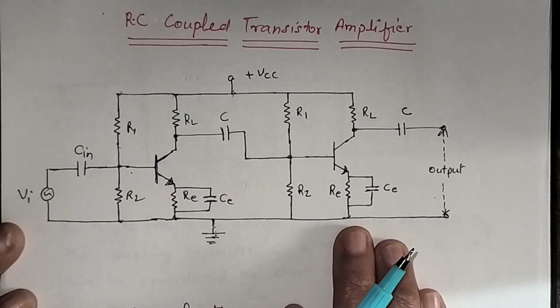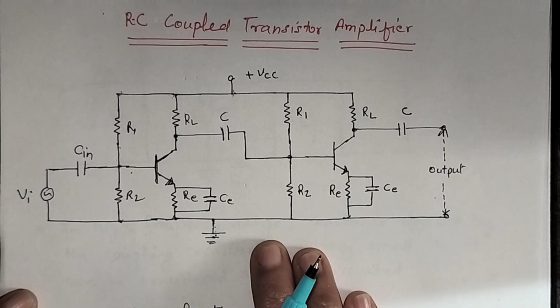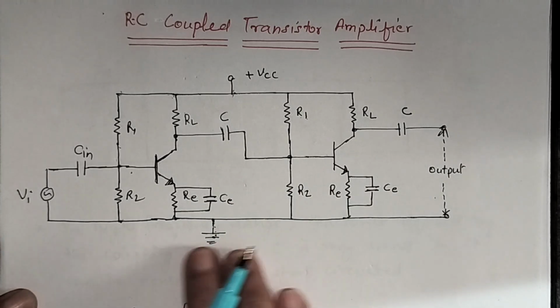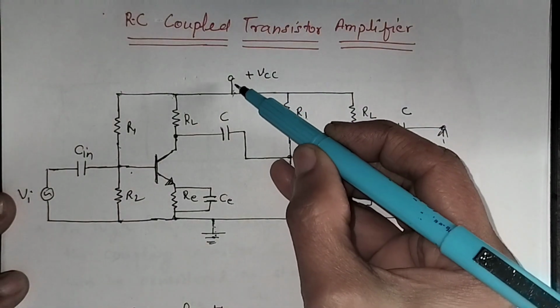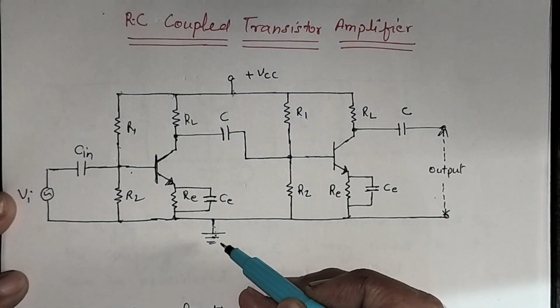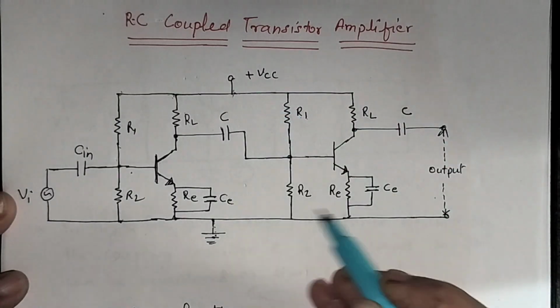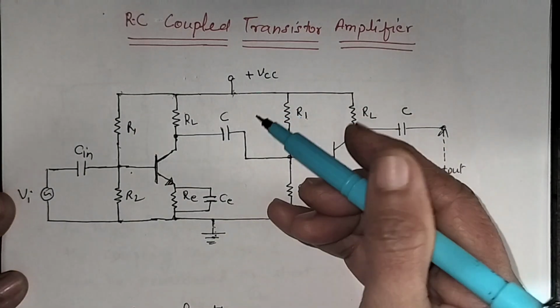For analysis at high frequency, first we will draw the hybrid equivalent circuit of this circuit. To draw the hybrid equivalent circuit, first we will short the positive and negative DC supply, means these two terminals will be connected to each other.